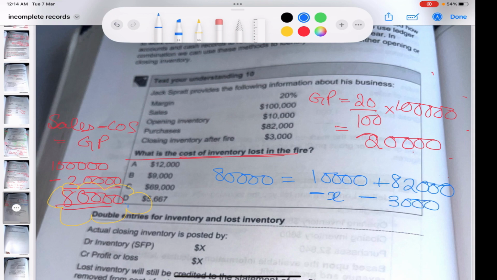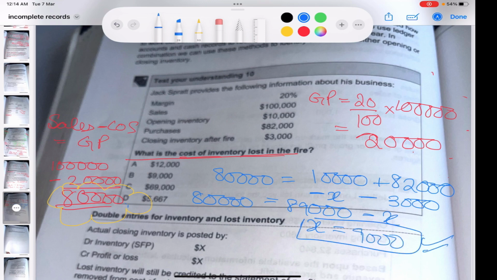Okay. How much will that be? It will be 89,000 minus X. So the value of X would be 9,000. So the inventory lost is 9,000.